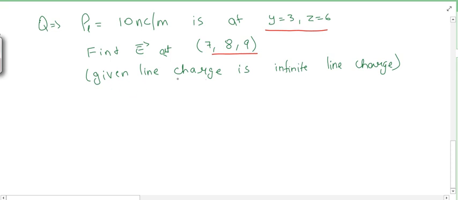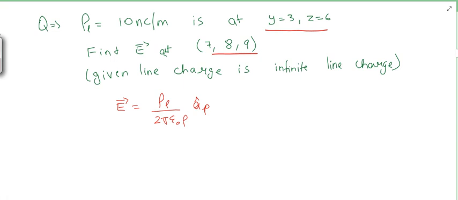The given line charge is an infinite line charge, and you know that for an infinite line charge we have derived a formula: rho L by 2 pi epsilon naught rho, in the a rho direction. And what is this a rho? It is actually the perpendicular distance direction in which the line charge is present.